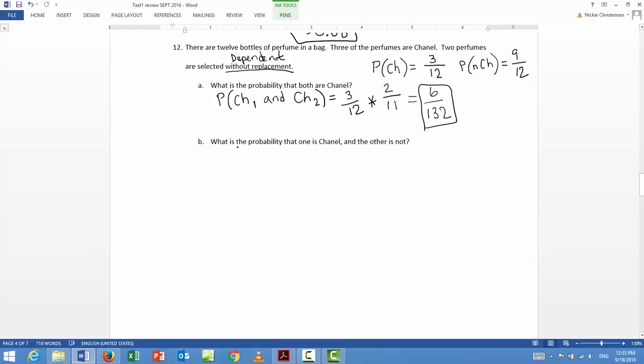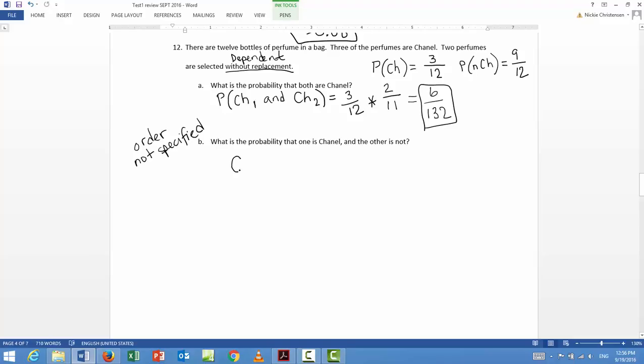Now the next question asks us what's the probability that one is Chanel and the other is not. What you need to recognize about this is that it's an order not specified problem. So there are 2 ways we could get a Chanel perfume and a non-Chanel perfume.